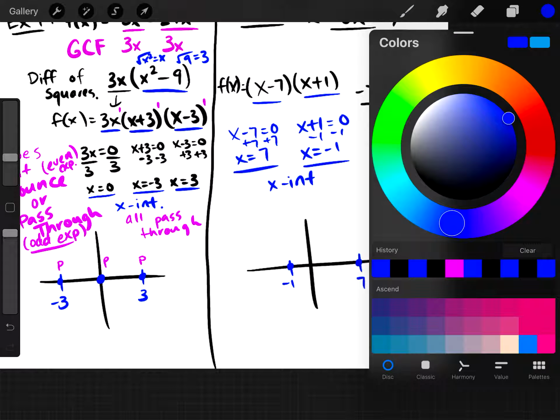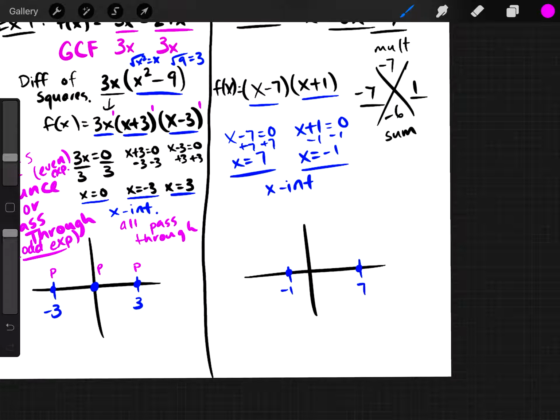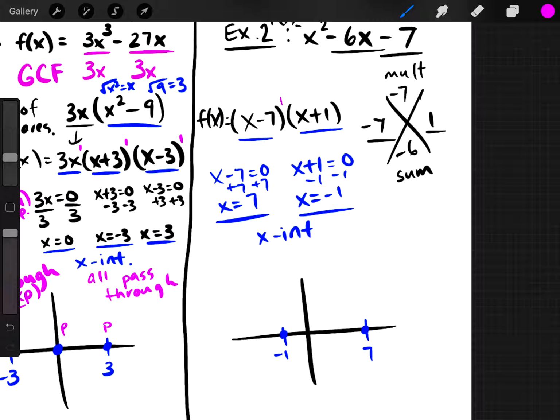And just like we did on that last example, you can look and see what exponent each of those factors have. Again, they both have an exponent of 1, which means pass through for both. So if we added on there, we'd say pass through, pass through.